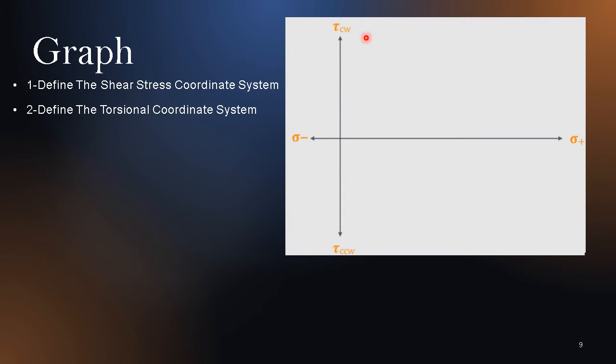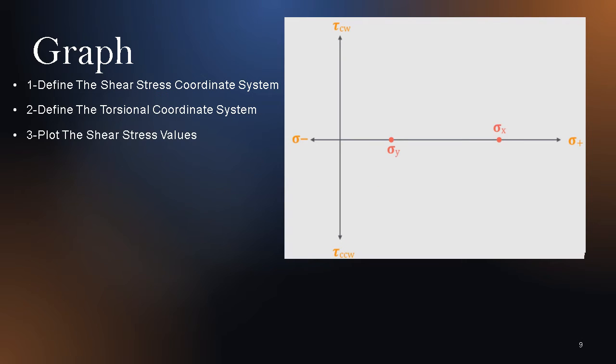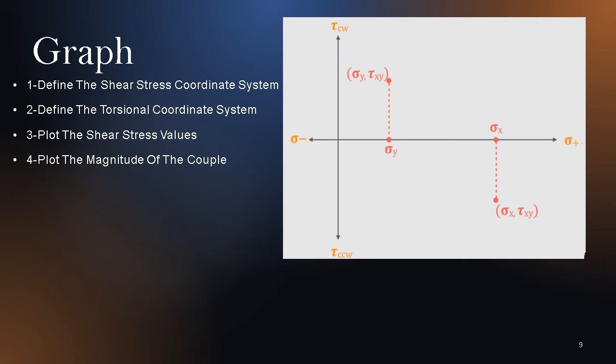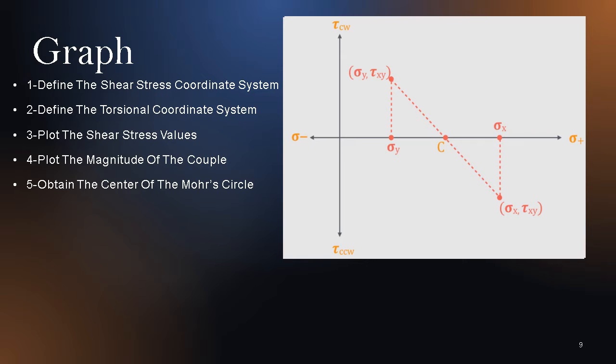Number three, plot the shear stress balance. Number four, plot the magnitude of the couple. Number five, obtain the center of the Mohr circle. It is obtained graphically by plotting the 2 points representing the 2 known states on a stress drawing and a straight line between the 2 points.